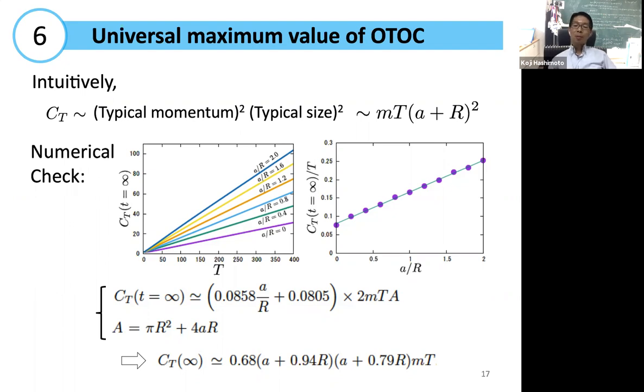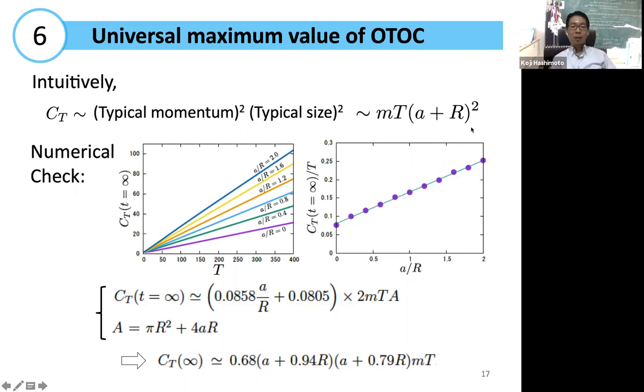And since this is a non-relativistic system, energy is equal to p squared divided by m. So temperature is equal to p squared divided by m. So p squared is roughly m times temperature. So that's why I wrote mT here. And this is a rough argument for how this should saturate.